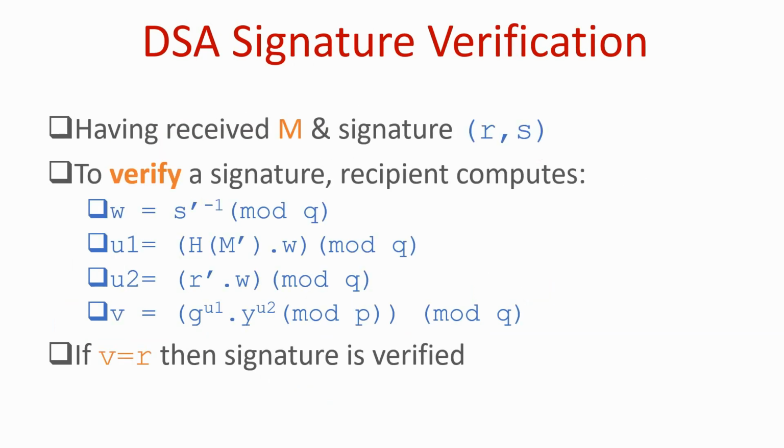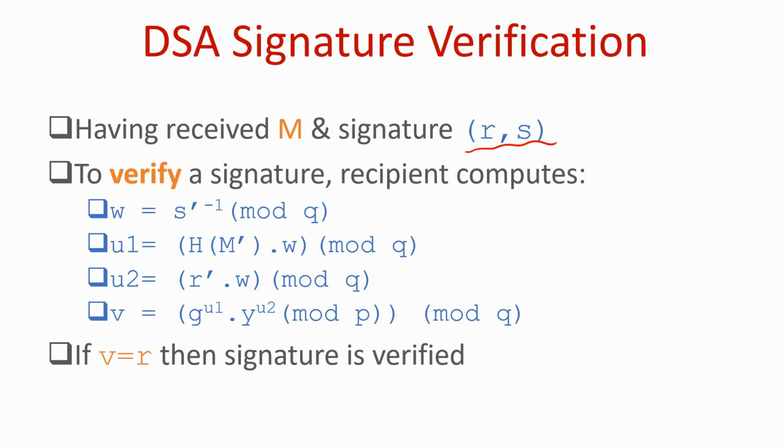How do you verify at the receiver? You take the message and you take the values of R and S that have been sent with the message. You compute the values in this equation. First, you compute the value W, which is the multiplicative inverse of S dash mod Q. What do we mean by S dash?